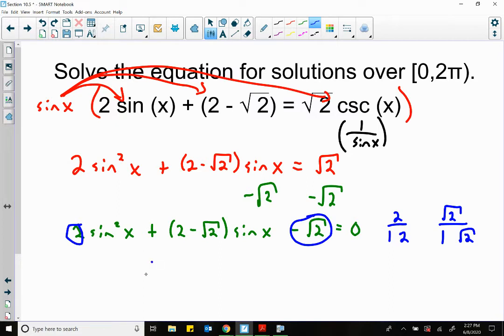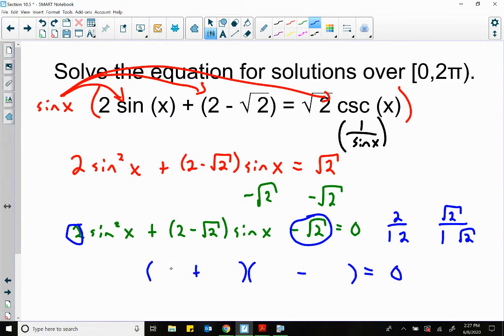So our equation is going to factor somehow with the numbers 1 and 2 and 1 and square root of 2. Now also notice that we need to make this part negative. So that means one of our parentheses is positive, one of them is negative.